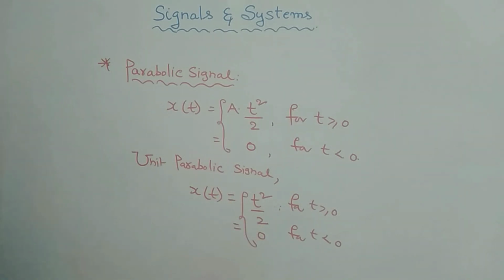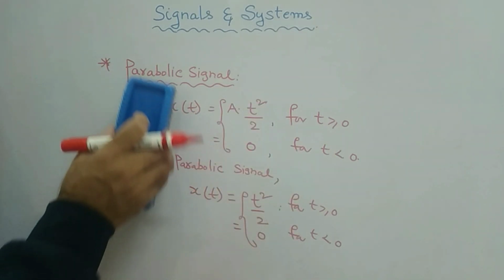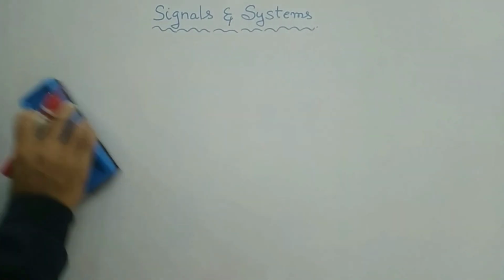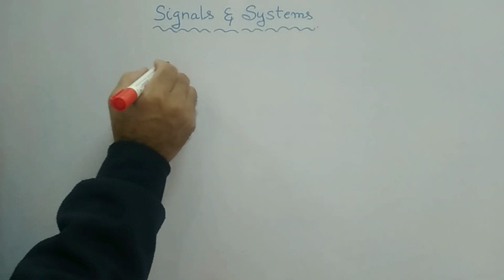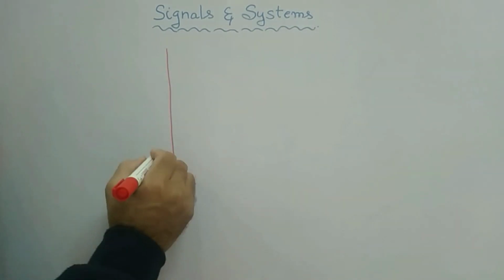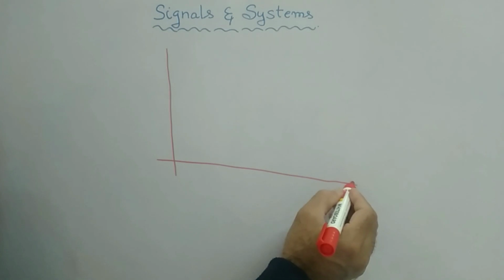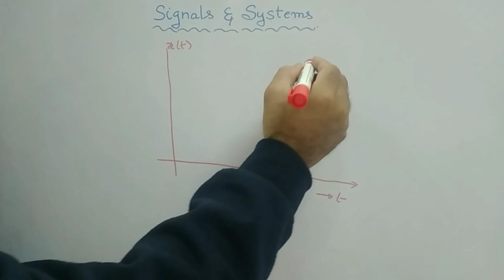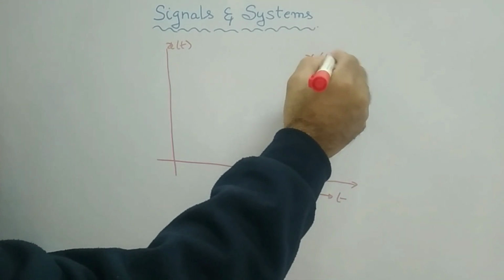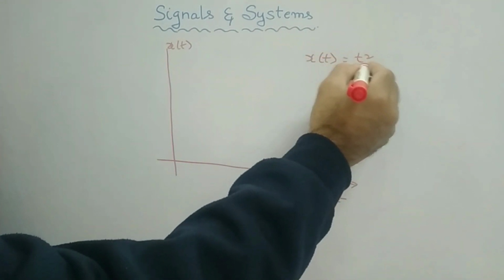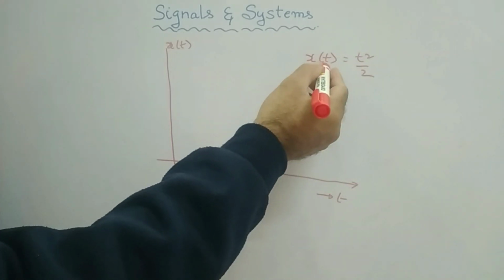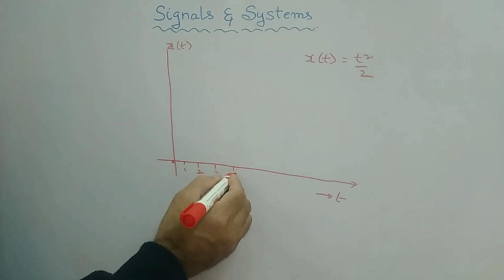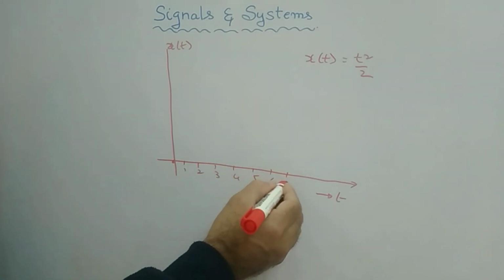If you plot the graph, how will it look for this parabolic signal? For this expression, if you draw the graph, it looks like this. It is t and x of t. The definition is x of t equal to t square by 2. Substitute t values 0, 1, 2, 3, 4, 5, 6, 7, 8 and so on.